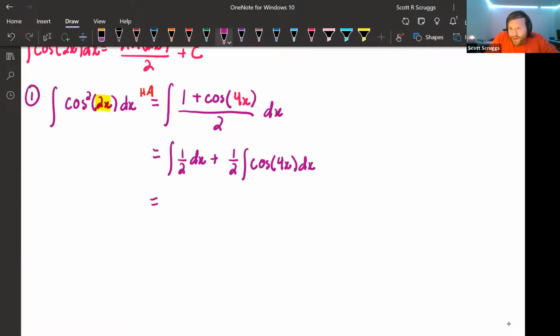First integral is the integral of a constant. So that will be x over 2. Antiderivative of cosine is sine. Because I have a 4 inside the argument, I would have to divide by 4 at the end.